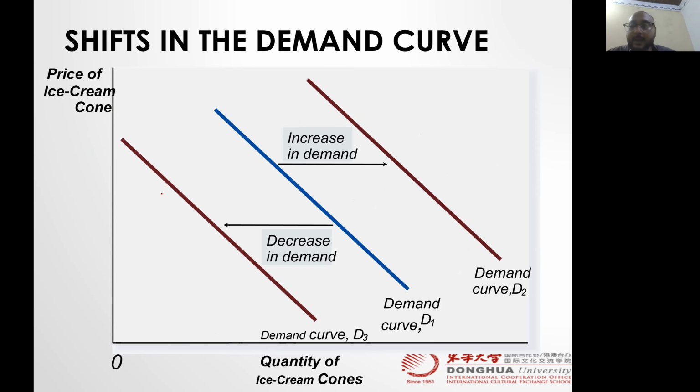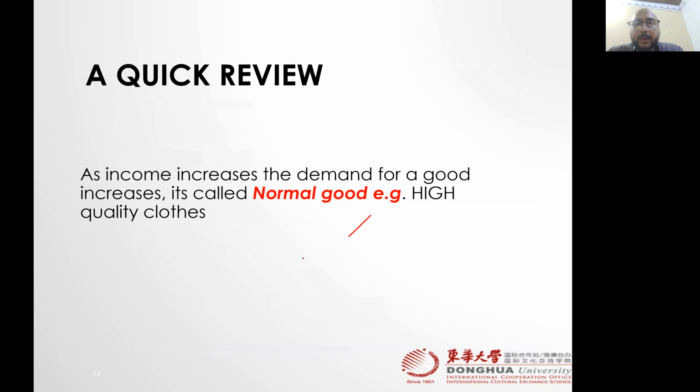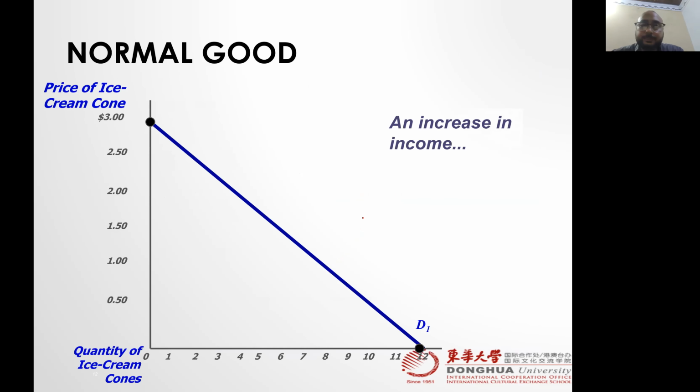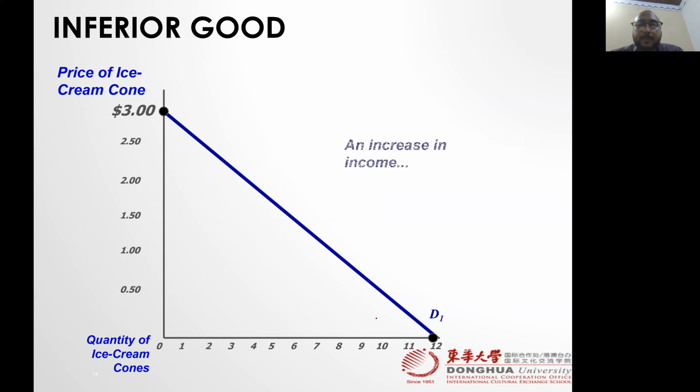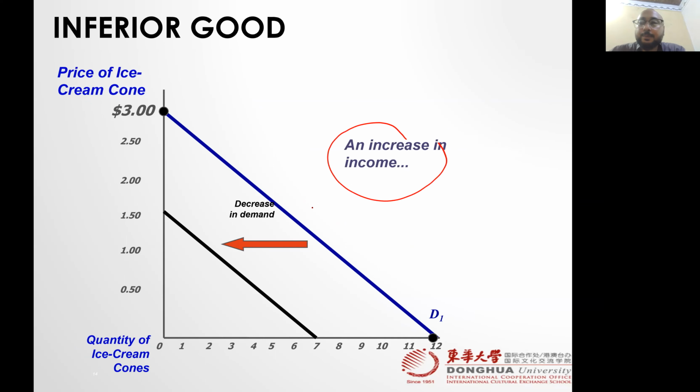You must understand that an increase means a shift to your right, and a decrease means a shift to your left. We talked about that. If your income increases and you start consuming more, we call this a normal good. Inferior goods mean that if your income increases and you start consuming less of the item, we call this inferior.